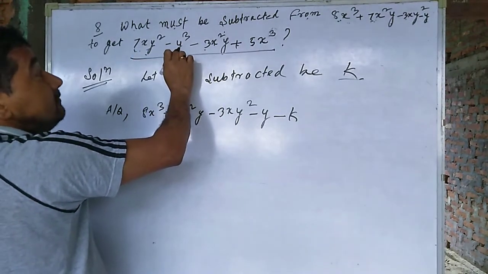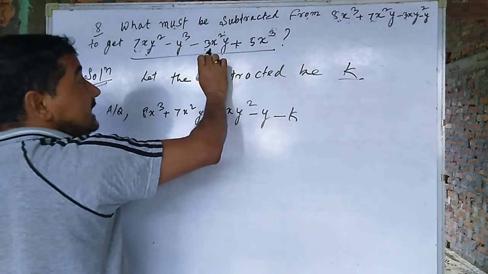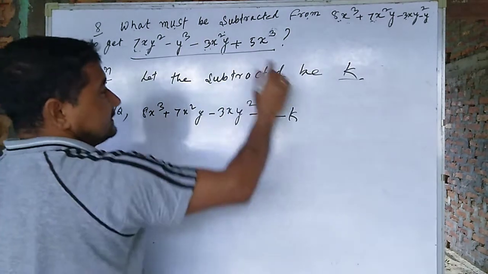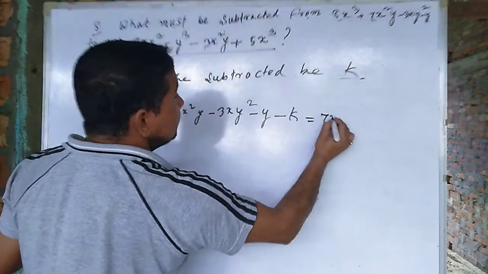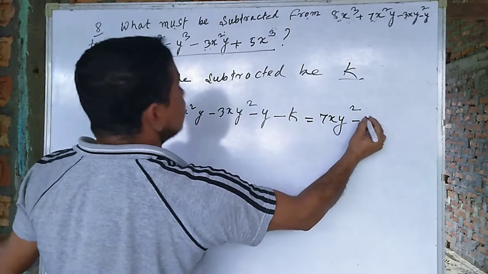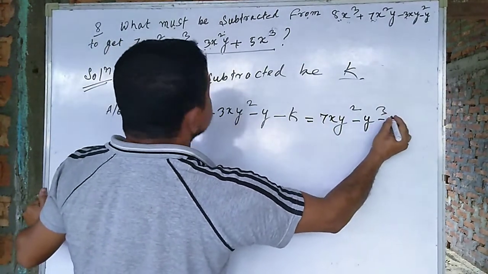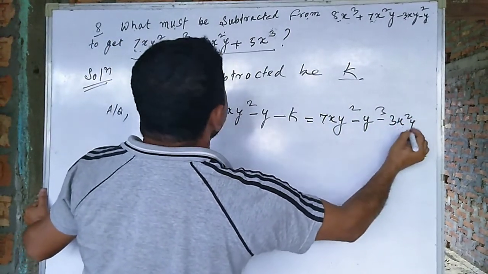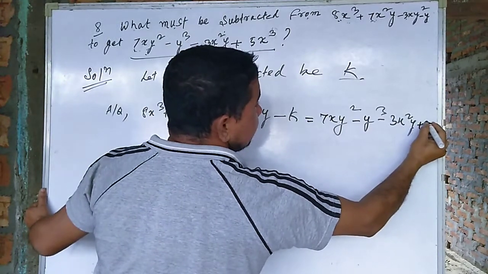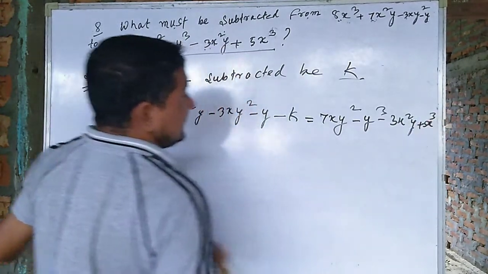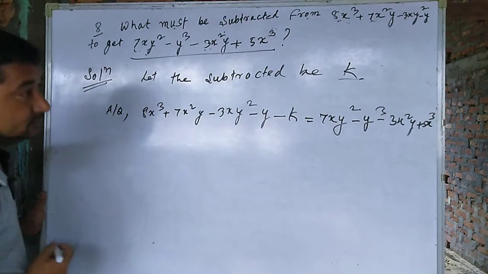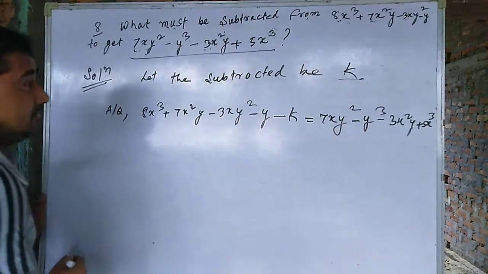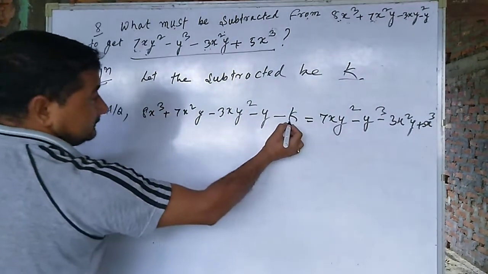7xy square minus y cube minus 3x square y plus 5x cube. You have to write this term. Now you find the k value from here.